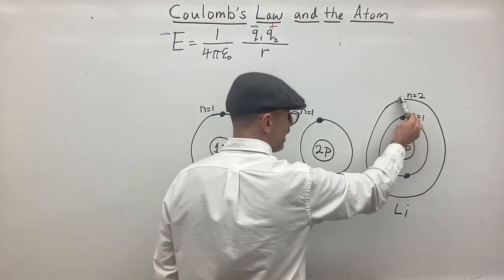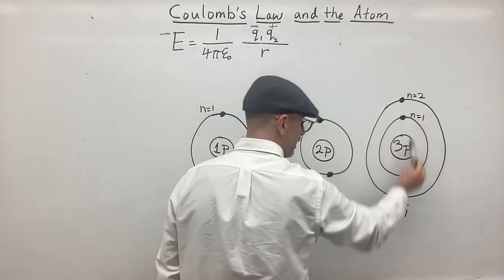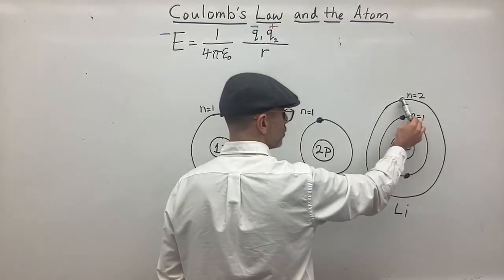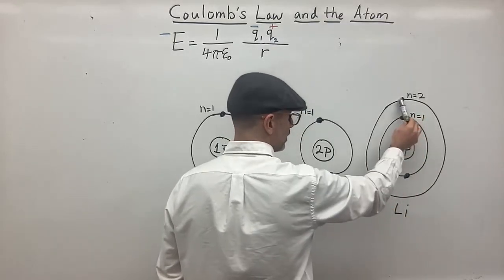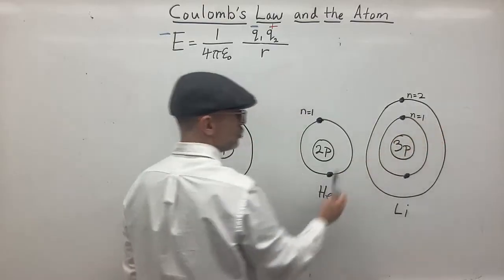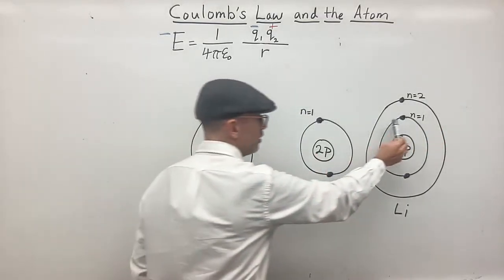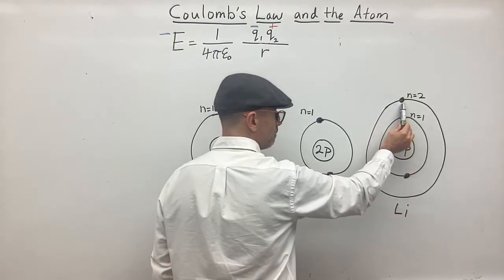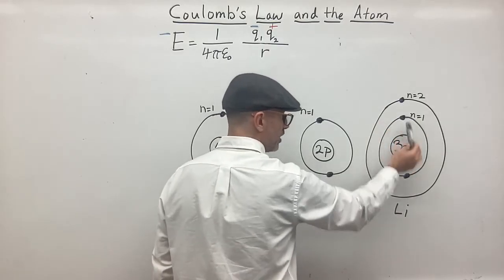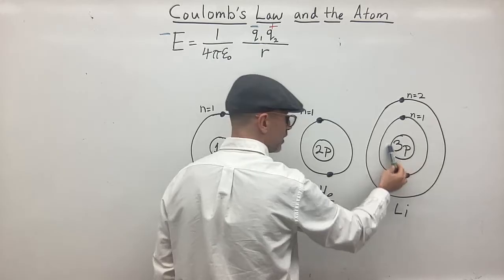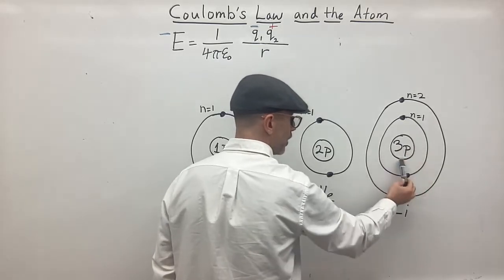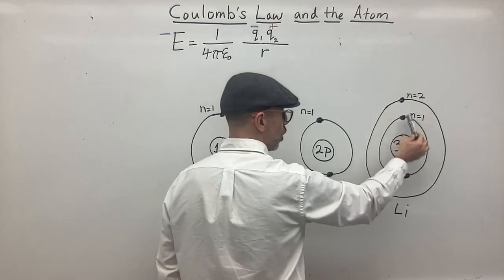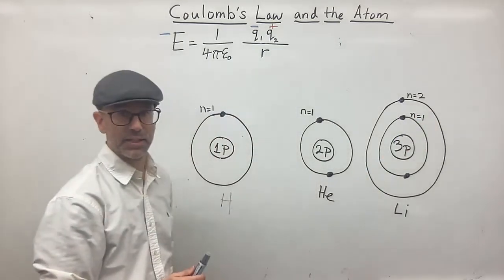These charges in the middle, on the inside, are going to have a stronger effect on this electron on the outside. These two electrons have a repelling force on this one. Therefore, these two are counteracting the pulling force of the 3 protons in this nucleus on that electron. So there's some counteracting there.